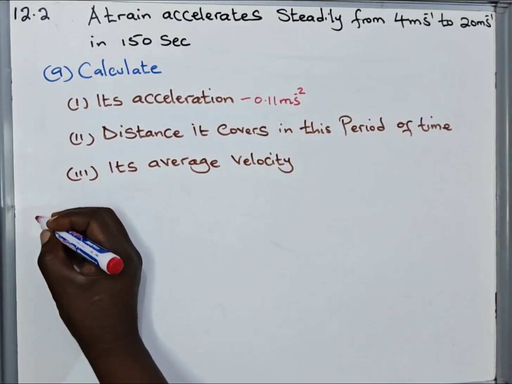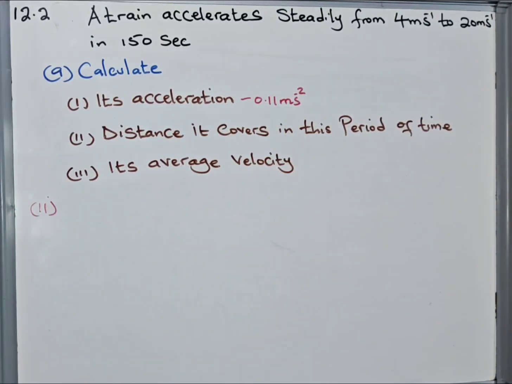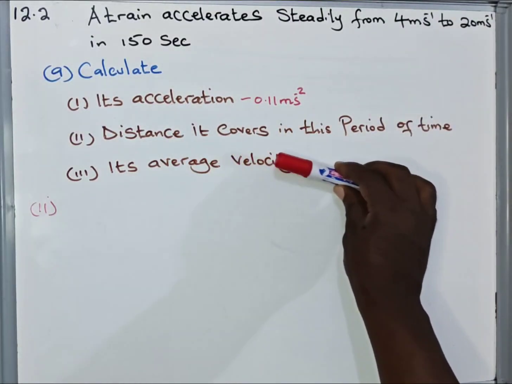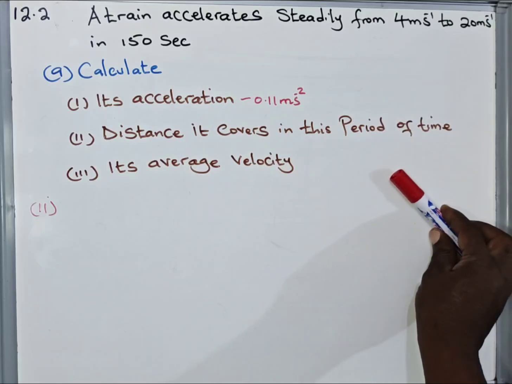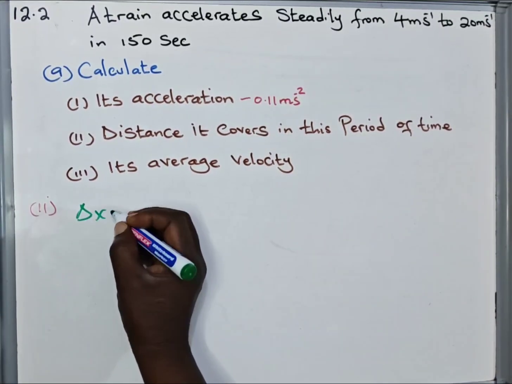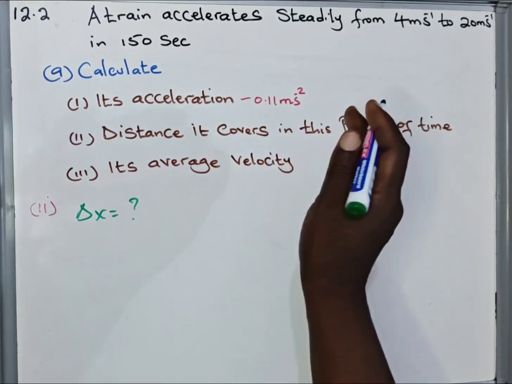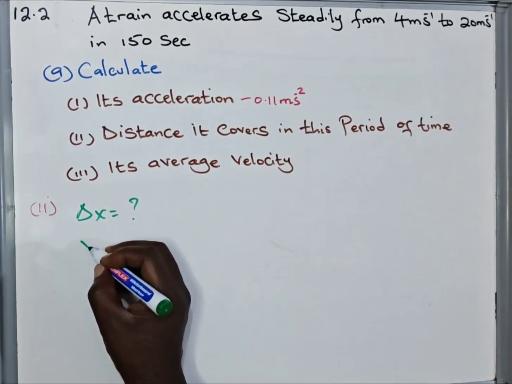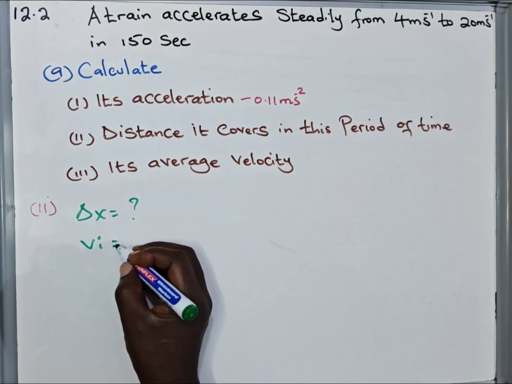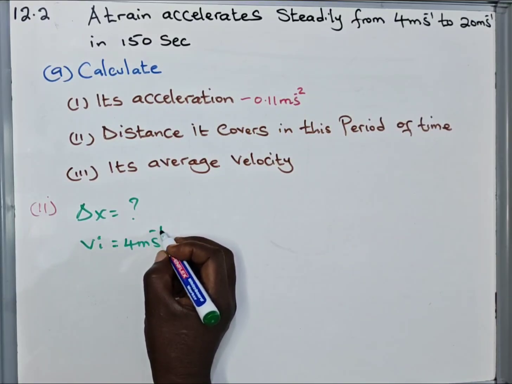Then we go to question number 2. Distance it covers in this period of time. So in this case, we are calculating displacement. We don't know it, but we know initial velocity, which is 4 meters per second.